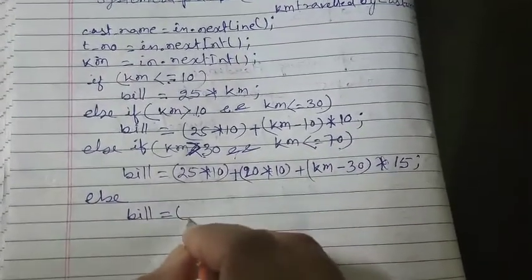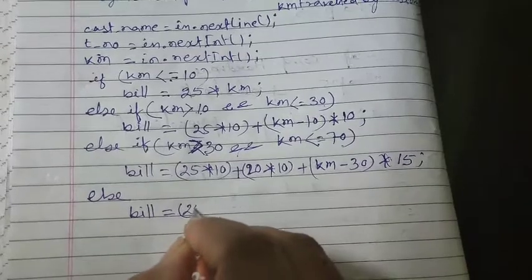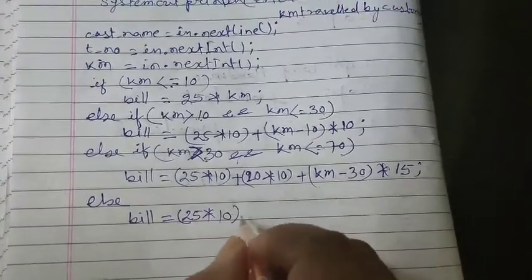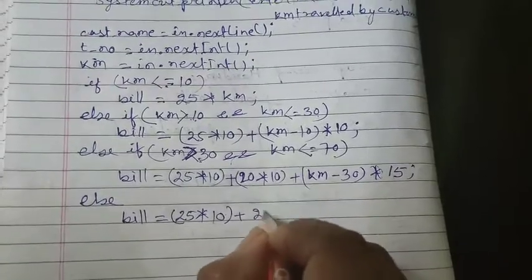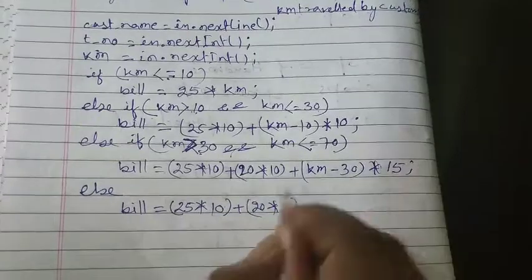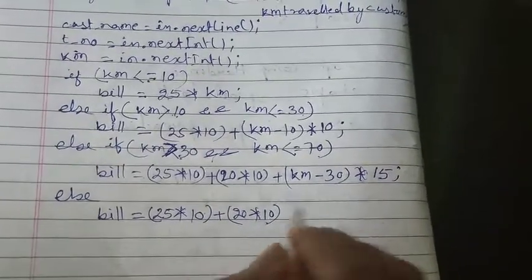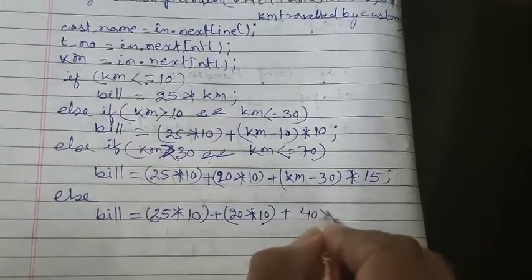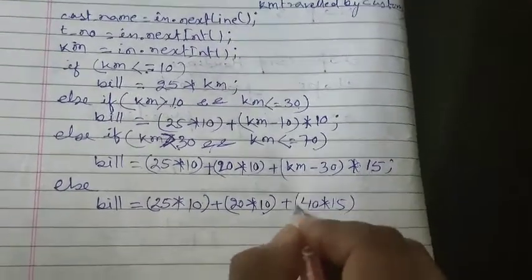So for 70 and above kilometers, the bill is first 10 kilometers 25, and then next 20 kilometers 10 rupees per kilometer, plus next 40 kilometers 15 rupees per kilometer.